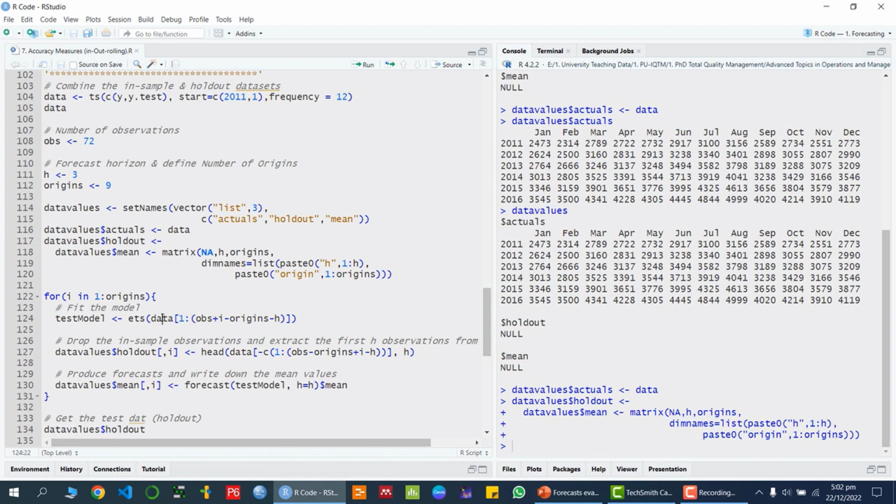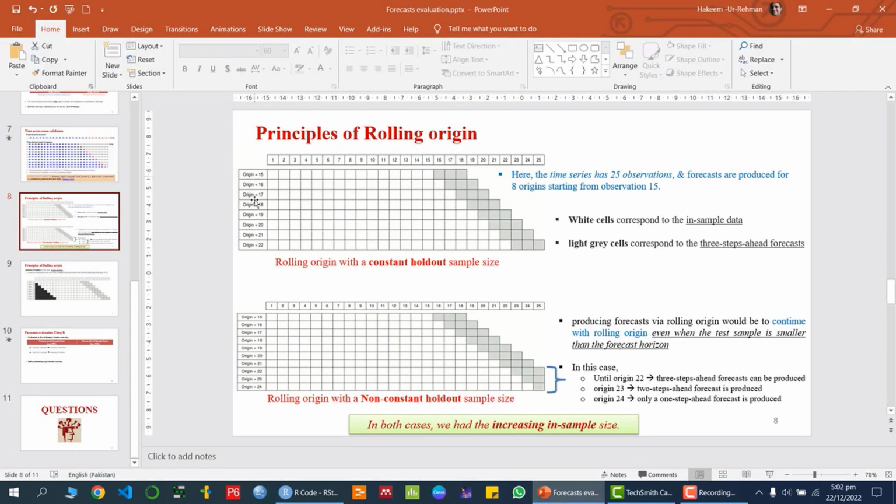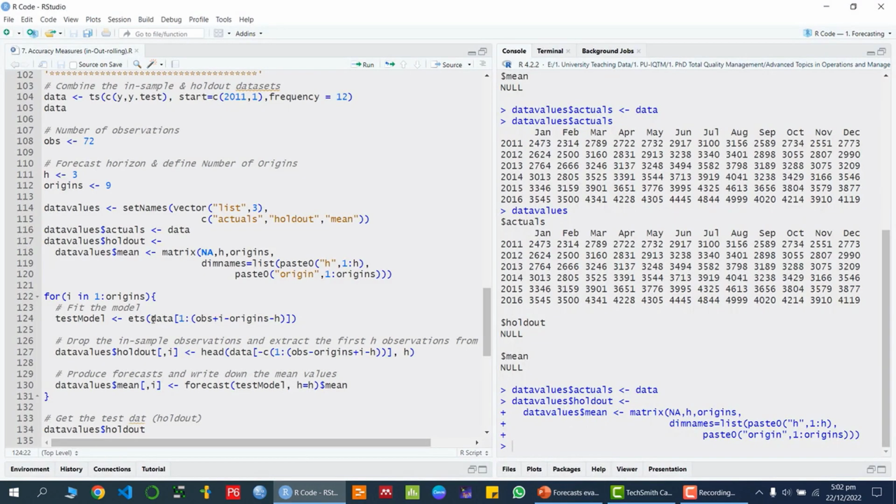Basically it is going to give us nine different models based on nine different regions, as we are seeing over here. So this is the model fitting, and after fitting the model, we store it in a variable called test model.